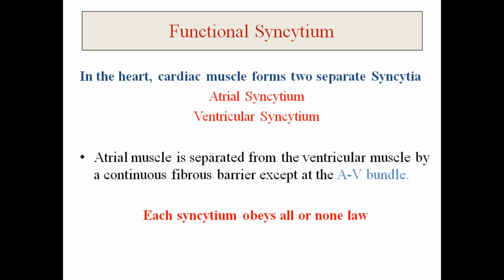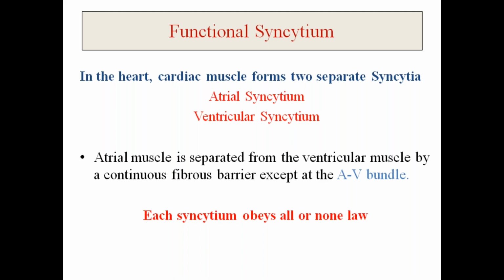Similarly in the ventricle, if depolarization is produced at any one point, it will be conducted from cell to cell, because they are connected through branching, intercalated discs and gap junctions. So with respect to action potential, your atria act as a functional syncytium. Similarly, your ventricles act as a functional syncytium.